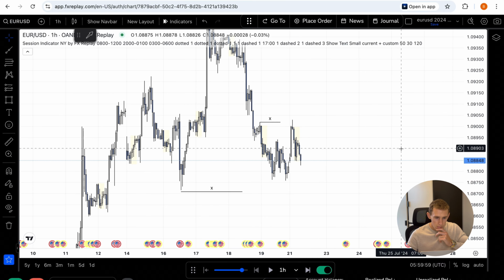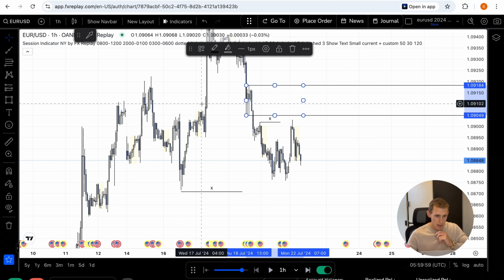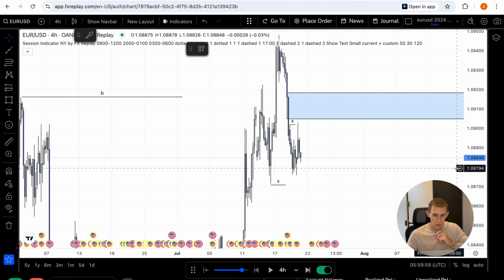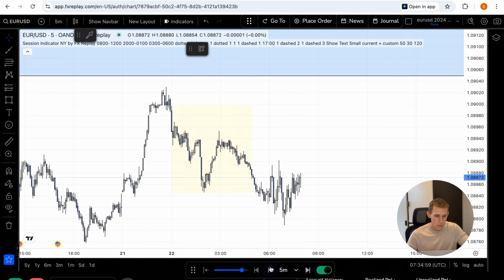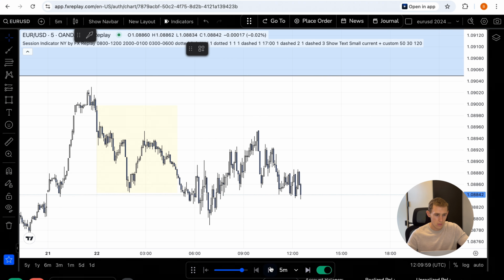We still have this area of supply above as well. I'm going to be a bit conscious of that. But yeah, sells down into that liquidity look pretty good. This now looks like it's just going straight down from here.